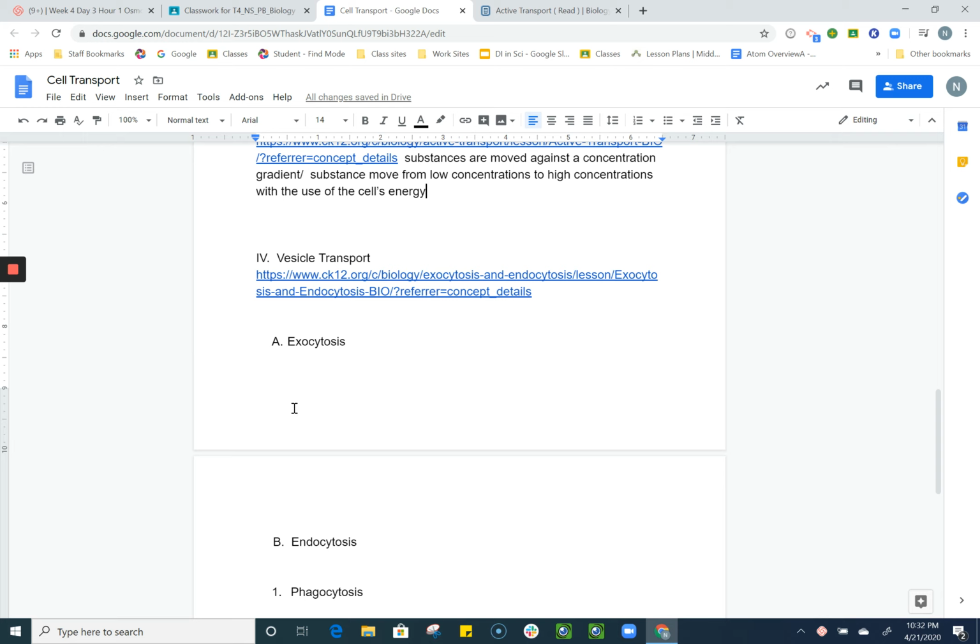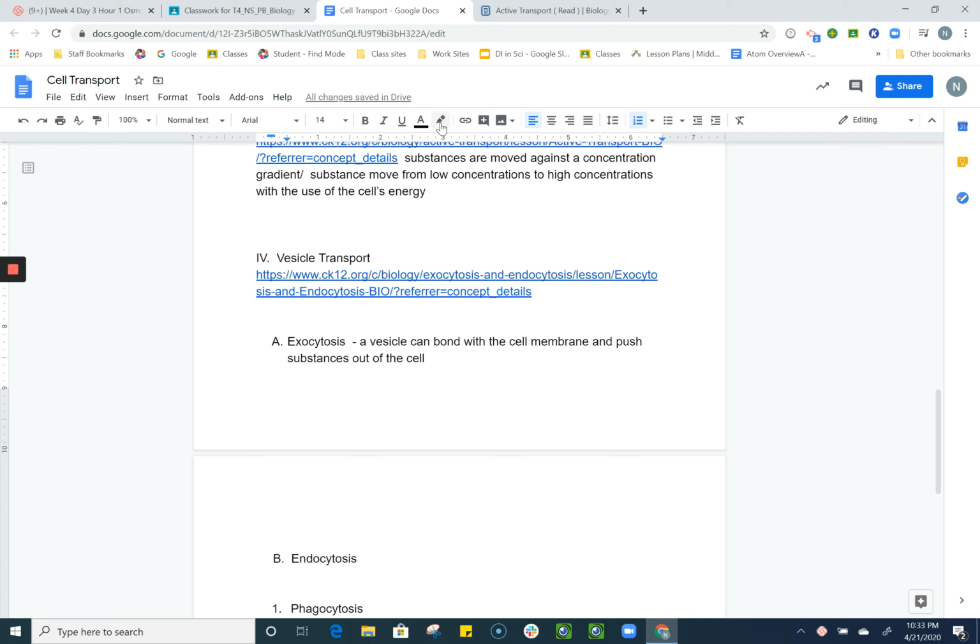So these are vesicles. So that's why under here it's called vesicle transport. So exocytosis, what can happen here is a vesicle can bond with the cell membrane and push substances out of the cell.